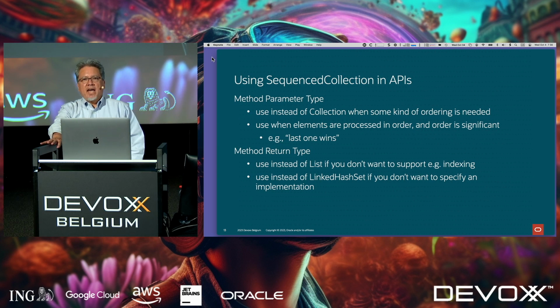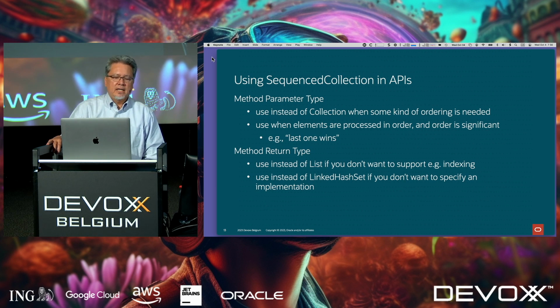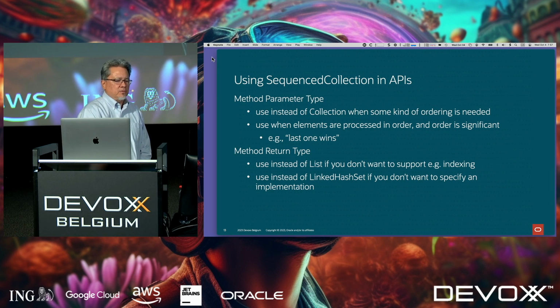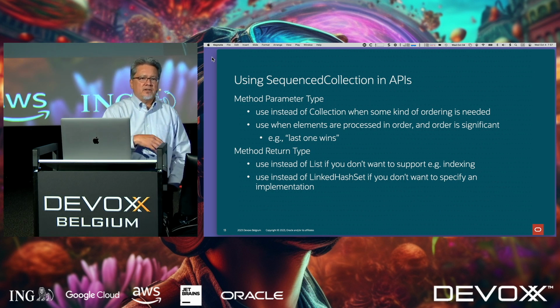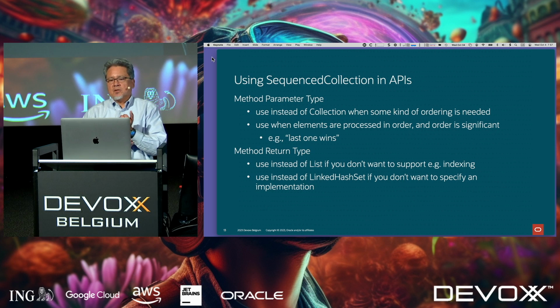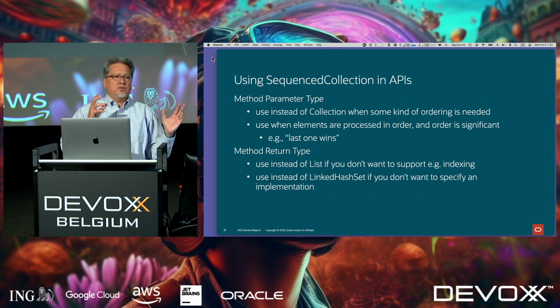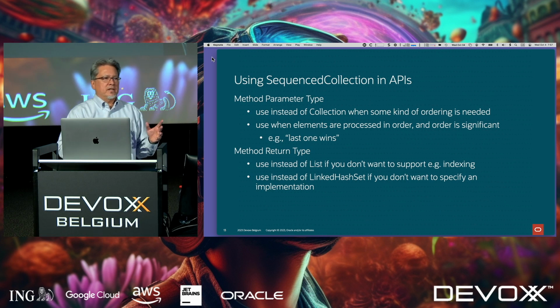Okay, now that we have some new interfaces in the type hierarchy, how do you use them? You can start to see how, if you ever used some APIs that were sensitive to ordering, there's always this question of what types you used. If you wanted to accept a lot of things in your method, you might use something like collection. But the problem with collection is that it does not specify any ordering.